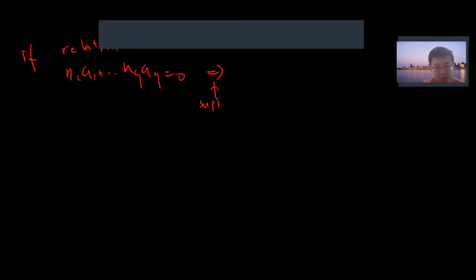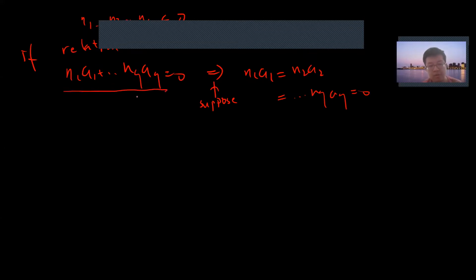Suppose this relation implies that N1 A1 equals 0, N2 A2 equals 0, up to NQ AQ equals 0, where N1 to NQ are just some integers. By the way, these are all assumptions, so I'm just doing some investigation.